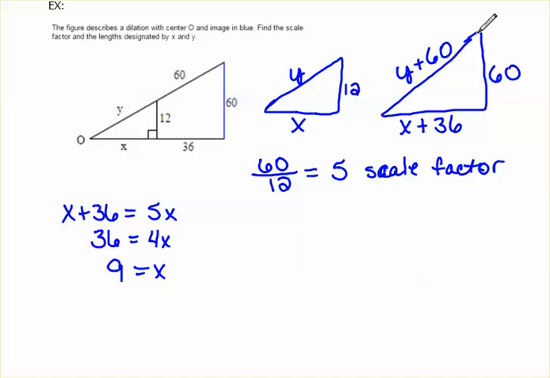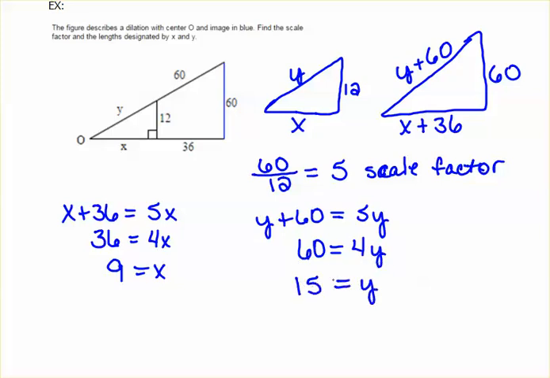If I want to find out what y is, y plus 60 has to equal 5 times that original side of y. So when we subtract y from both sides, we get 60 equals 4y, or when we divide both sides by 4, we get y equals 15. And so we've used those properties of proportionality in similar triangles in order to solve those triangles.